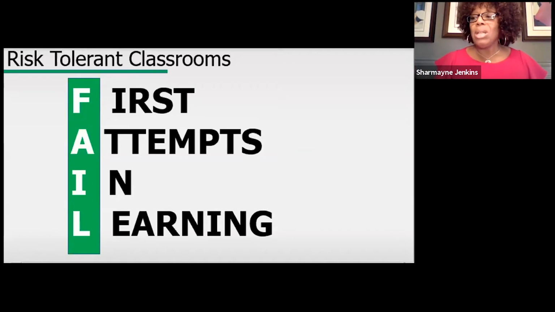Because we don't want them to avoid challenges. We want them to approach their challenges with high expectations and leave room for failing. And a big way of doing that is to model it yourself and to own up to your own failures. And that will make them feel safer and be more involved.